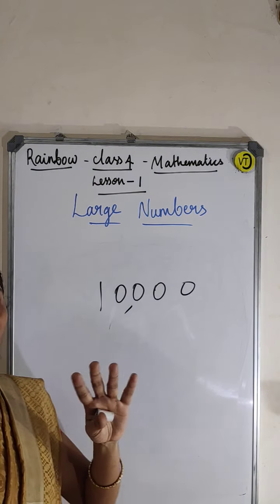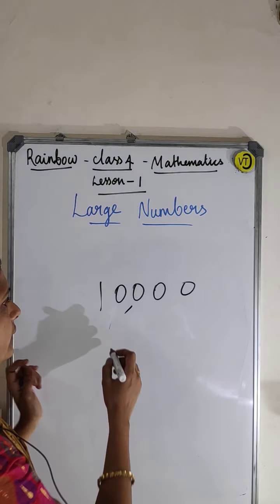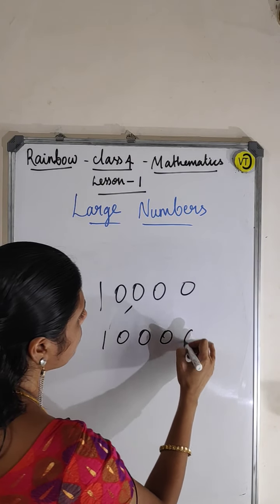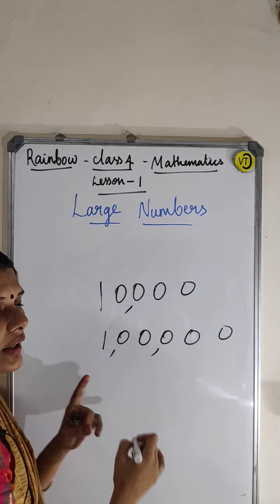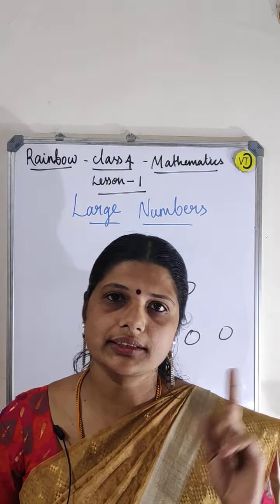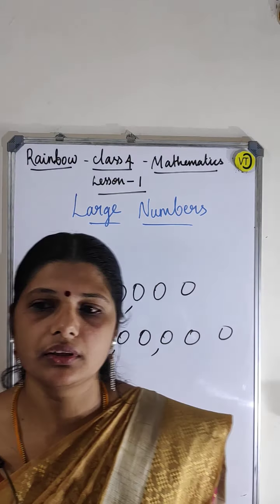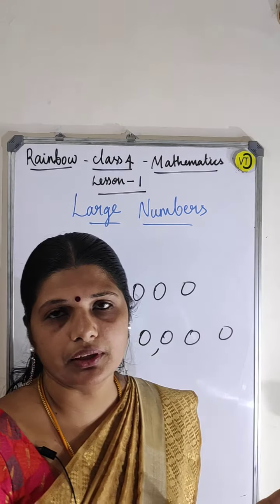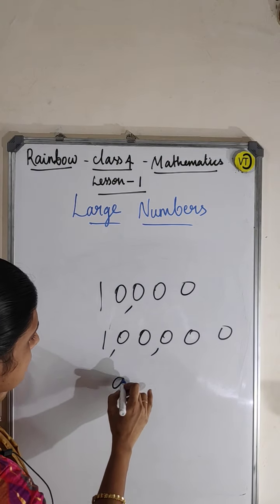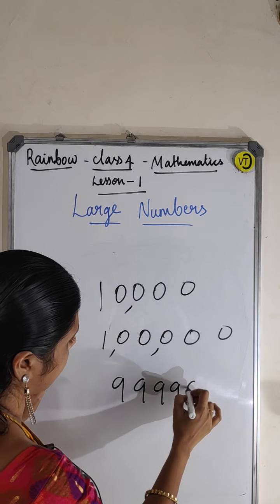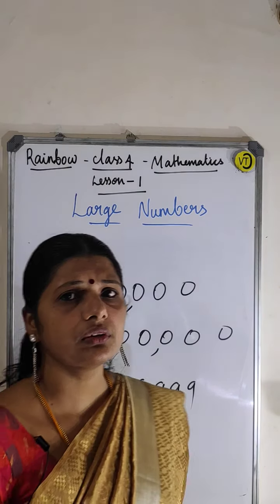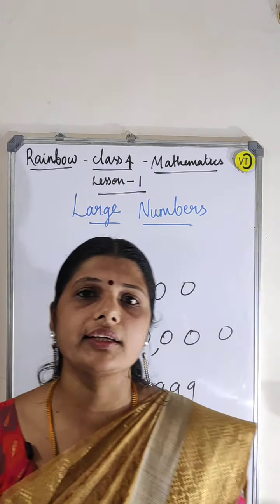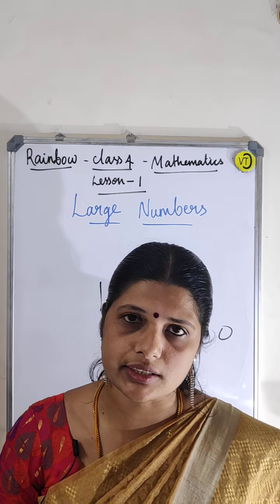And what about the smallest 6-digit number? It is 1 lakh. 1 lakh is the smallest 6-digit number. And the largest 5-digit number is 99999, so 99,999 will be the largest 5-digit number.